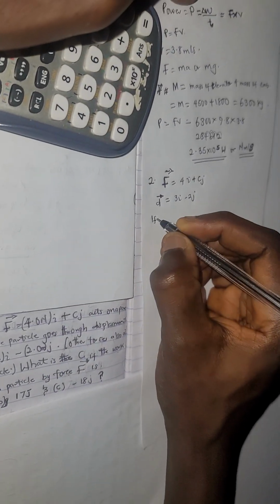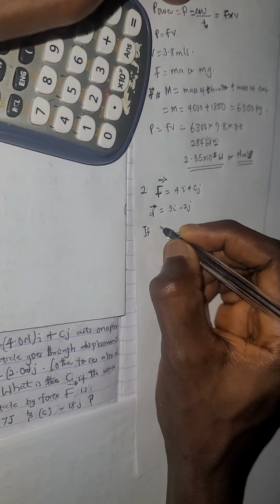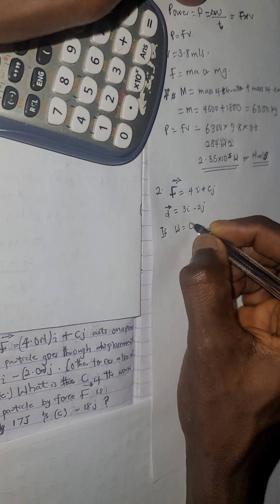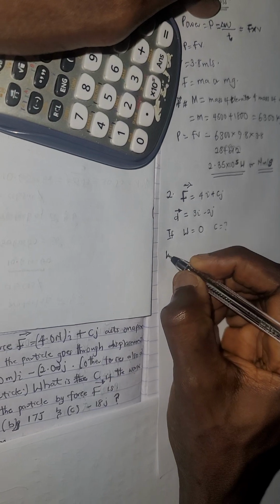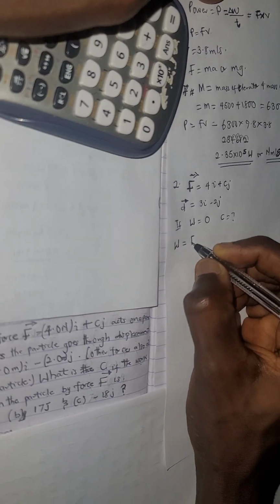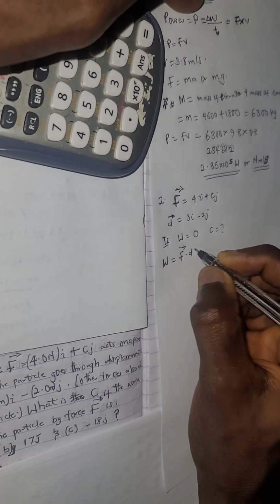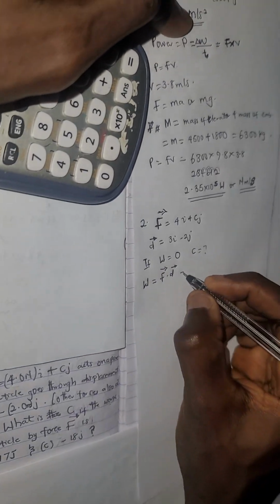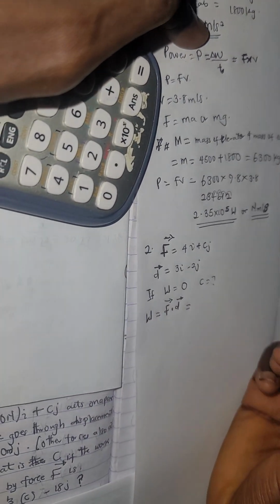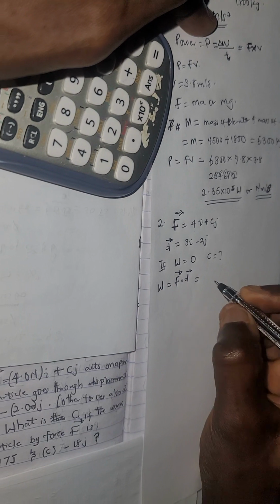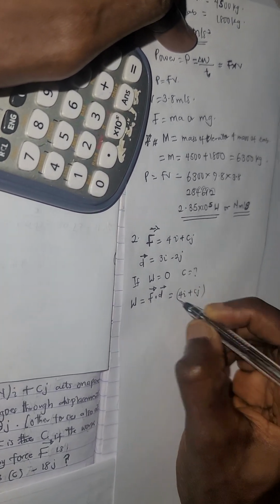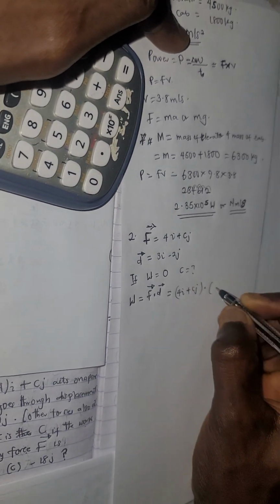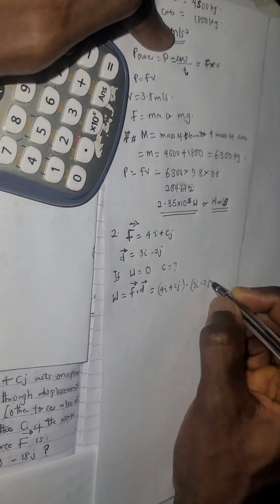First condition: if W equals 0, what is C? You know, work done equals F dot d. Using the dot product or scalar product, this is 4i plus Cj, into bracket 3i minus 2j.